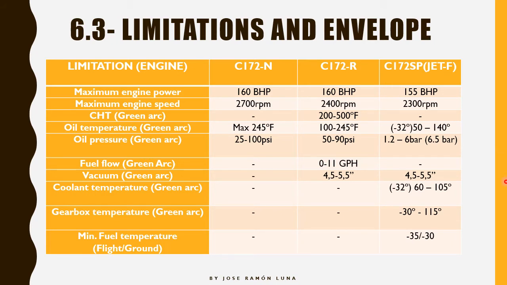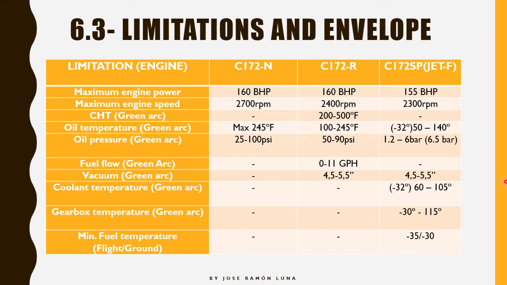Fuel flow. Well, I already explained this in the instruments section. However, the green arc for the fuel flow is not just the useful range, and it doesn't really mean that if the fuel flow is not in the green range, it's not working properly. What it means is that if it's outside of the green range and your power setting is not too high, something may be wrong.